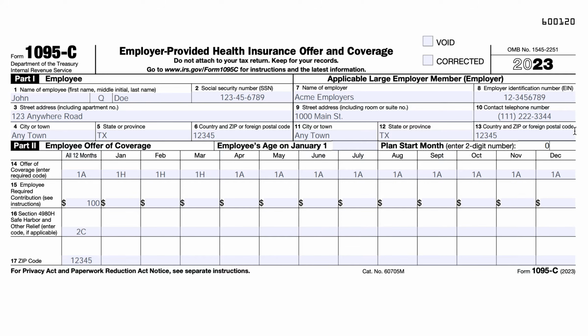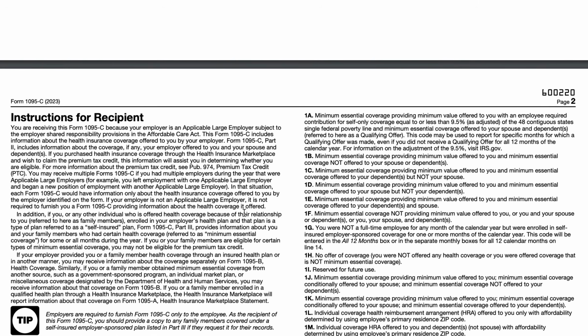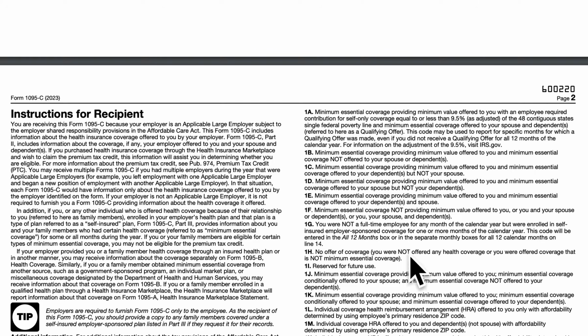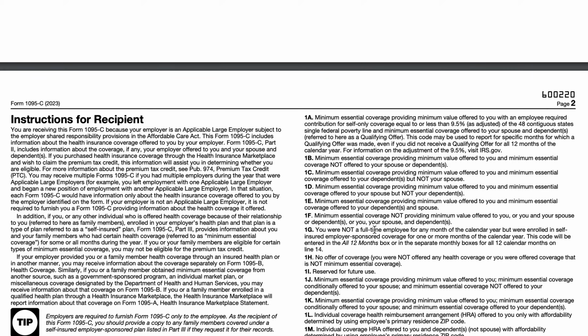So his health care plan started in April, so 04, and then this code right here on line 14, that corresponds with the code of no offer of coverage. So this means that John Doe is not offered coverage, or he was offered coverage that doesn't qualify as minimum essential coverage.